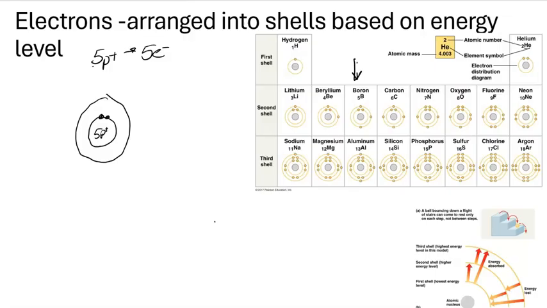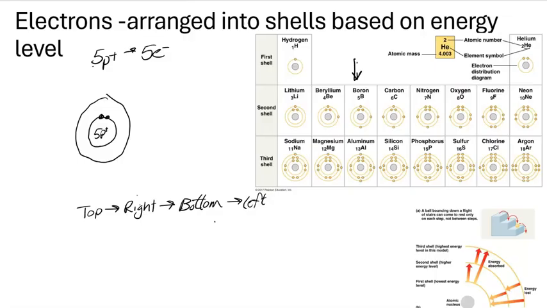Now, when you're placing more than 2 electrons, we go around the shell. We start at the top, we go to the right, then to the bottom, and then to the left to place our electrons, one at a time, and then we can pair them up.